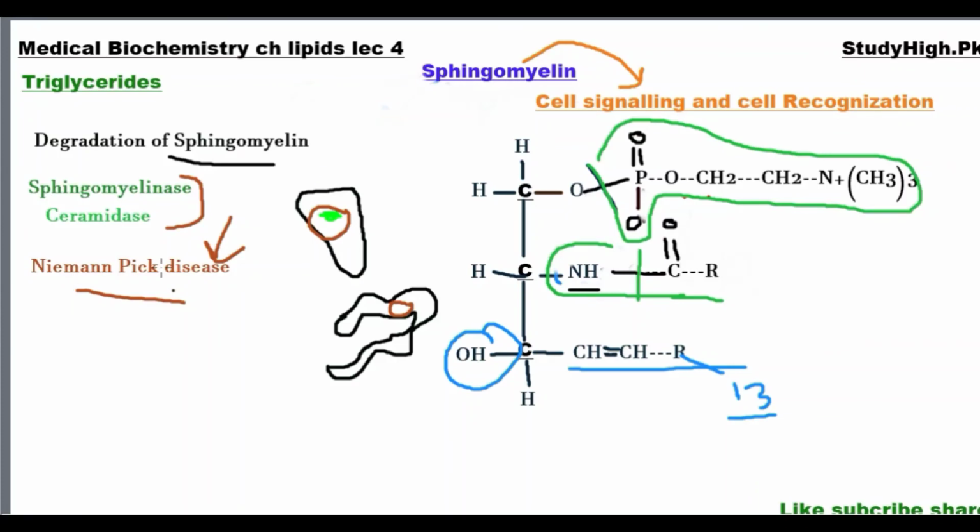So sphingomyelin is rather a difficult topic, and I tried to explain it in a better way. I explained what the structure of sphingomyelin is and how it is different from glycerophospholipid, and how sphingophospholipid and glycerophospholipid differ from each other. In glycerophospholipid, phosphocholine connects at carbon 3, whereas in sphingophospholipid it connects at carbon 1.